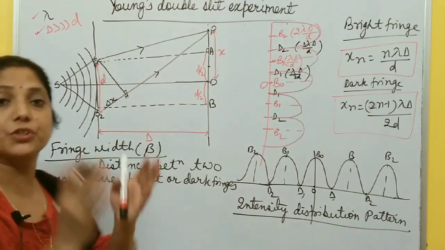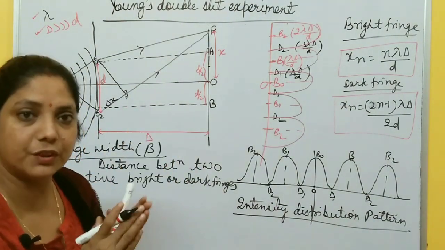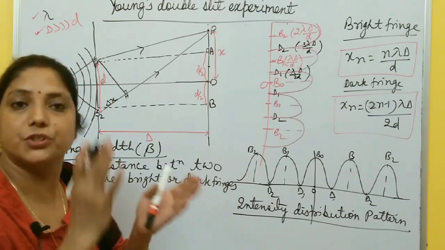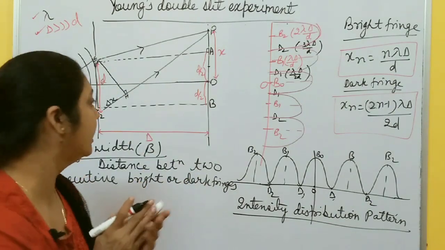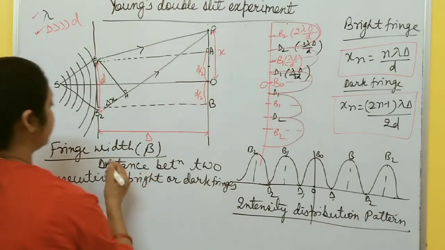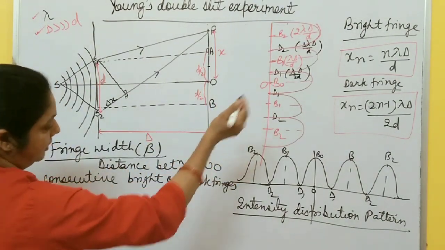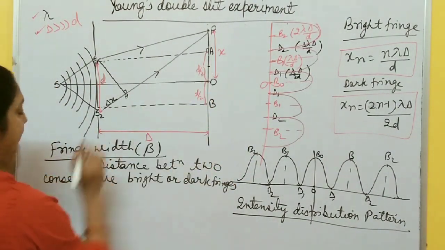So how do you derive this fringe width? You take the position of two dark fringes and take the difference between them, or you take the position of two bright fringes and take the difference between them. Let us suppose I am going to derive the fringe width for the bright fringe first.